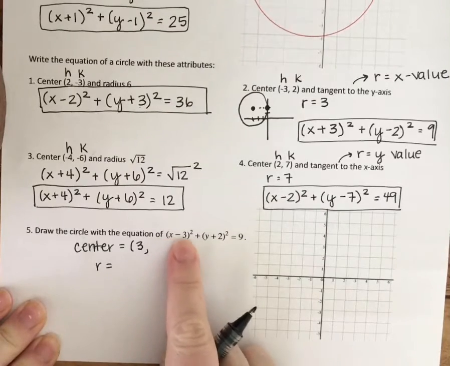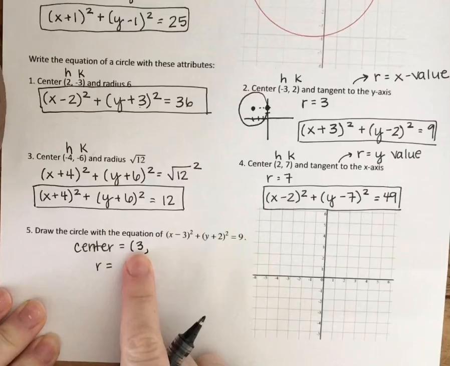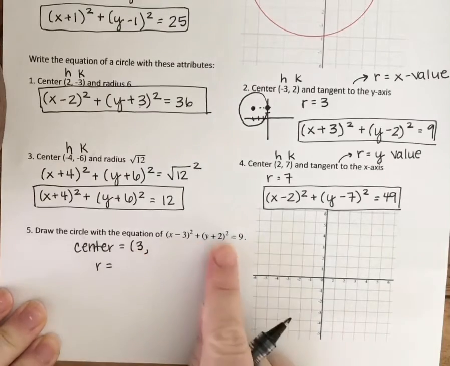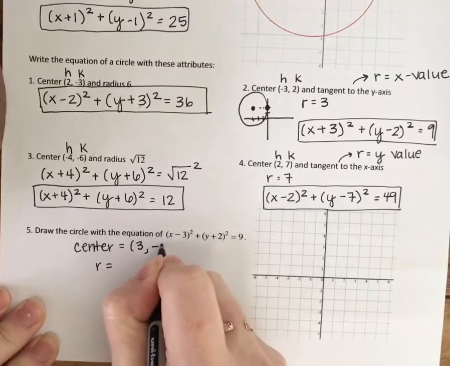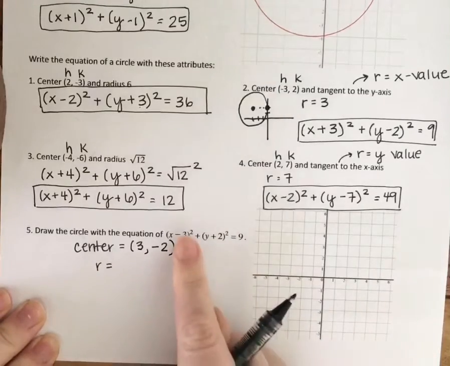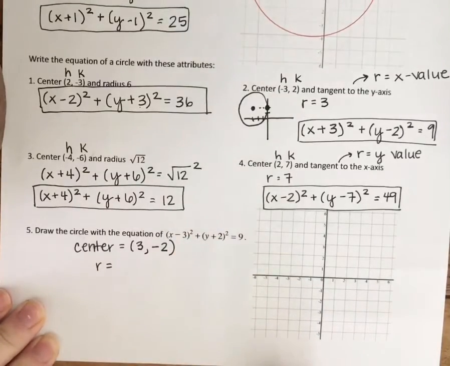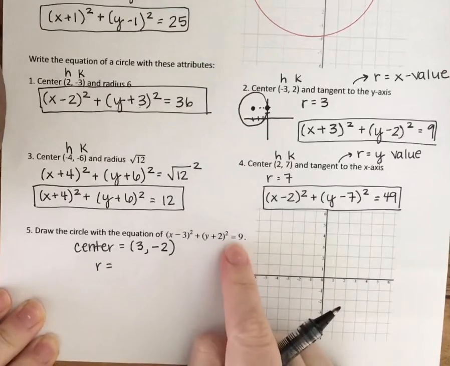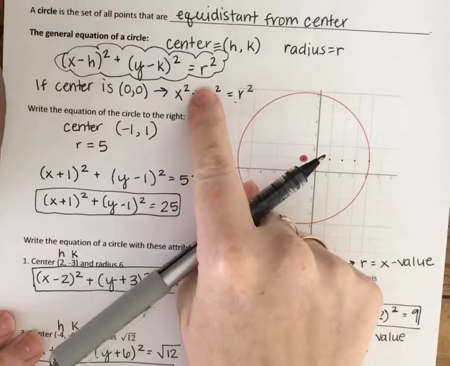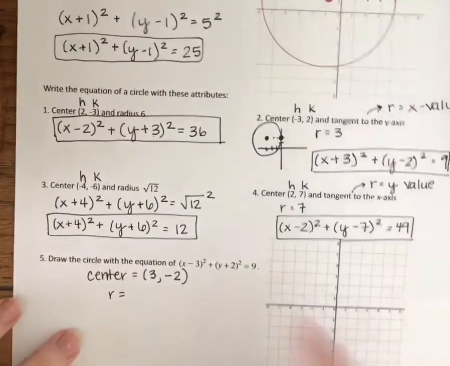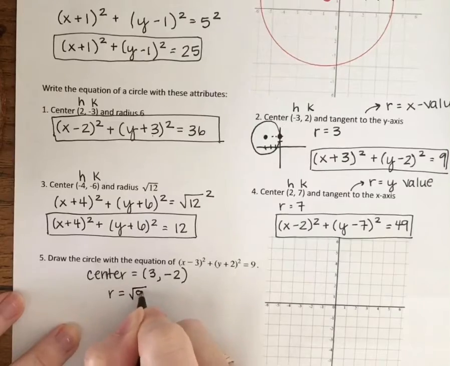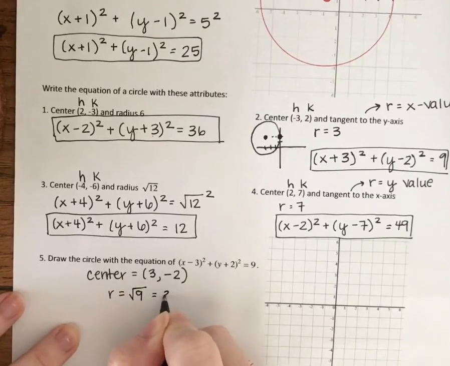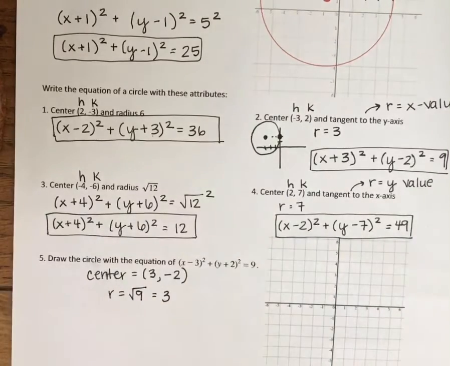Okay, so x -3 means that my x value of the center is +3, and then y plus 2 means the y value of my center is a -2. Again, opposite of what it is in the parentheses. Okay, and then in my equation, it is the radius squared. So if this is equal to 9, I need to figure out what is the square root of 9, which is going to be 3.